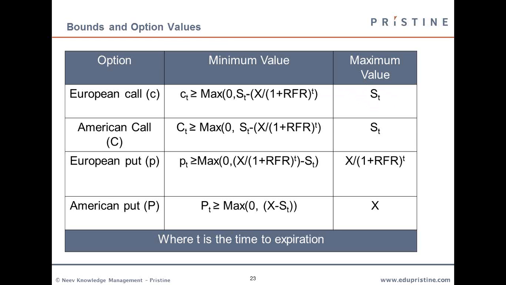So to avoid that, the maximum value should be less than the stock price. In case of American call, it is pretty similar. Similarly, for the put, it is the opposite. It is the strike price minus the stock price. And the maximum value will be the strike price instead of the stock price.